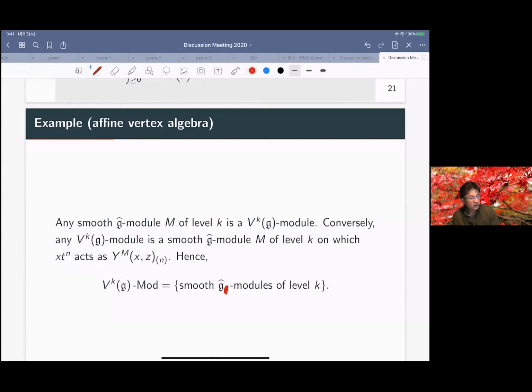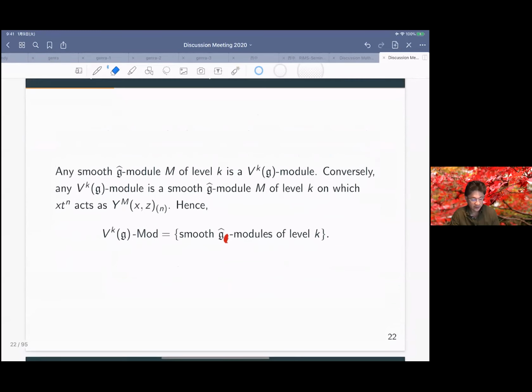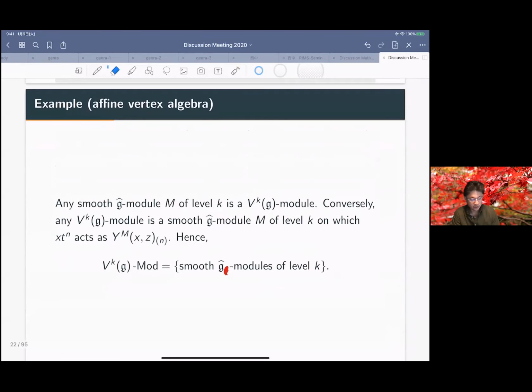So you may think of this universal affine vertex algebra as an enveloping algebra of the affine algebra, in the sense that the representation theory is the same. But you might say that this is not so interesting because you don't really have to define a vertex algebra to study representations of an affine algebra.